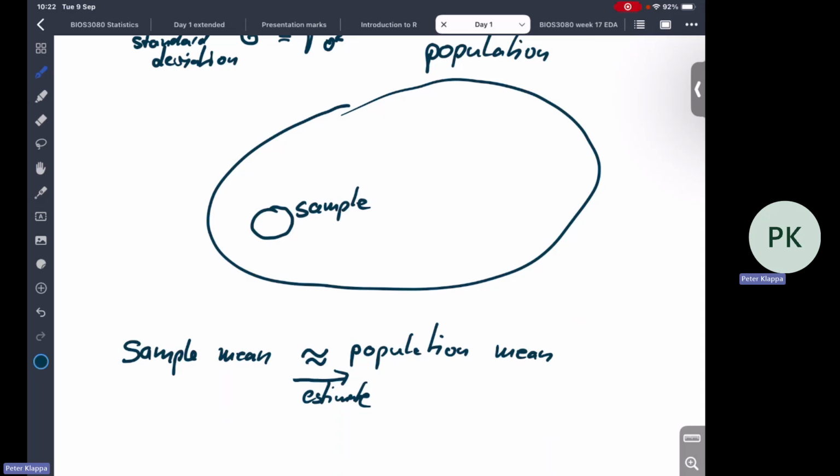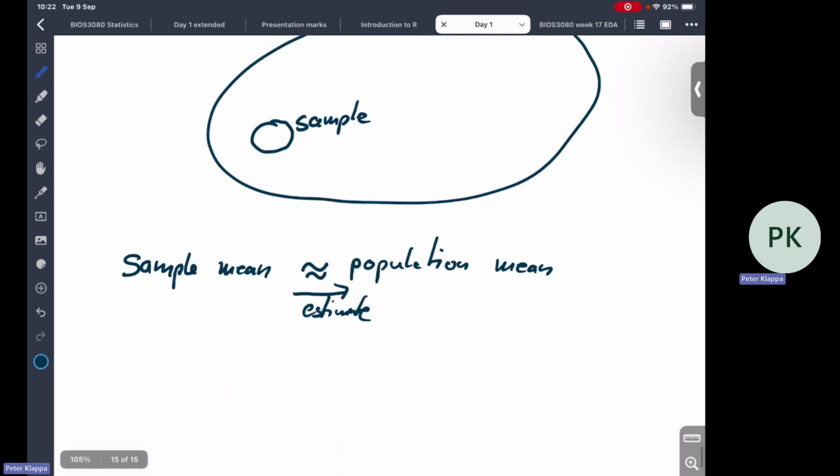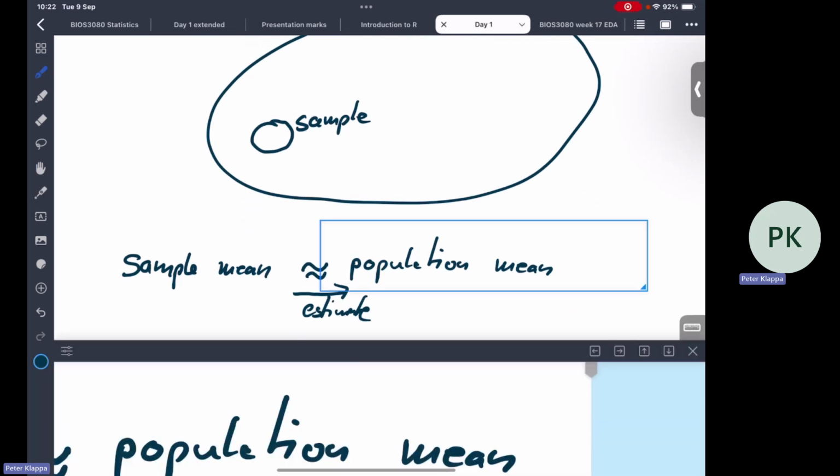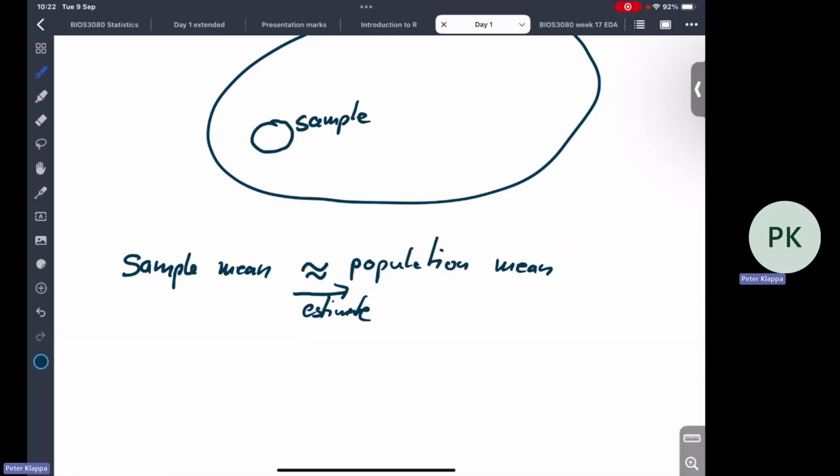For example, a population has parameters. So if somebody is talking about parameters, it means they are talking about a population.